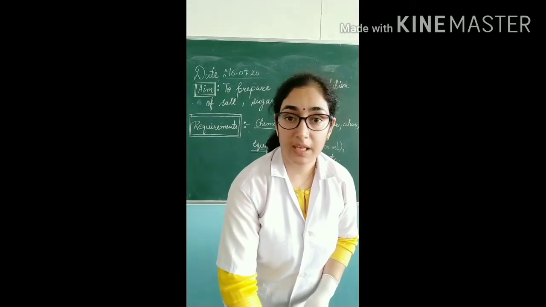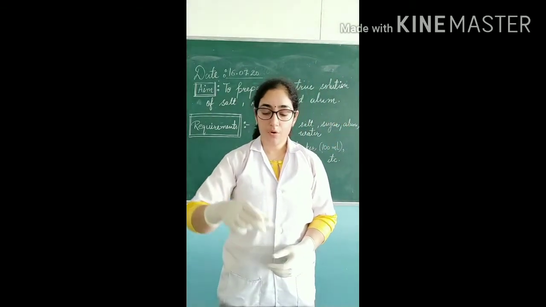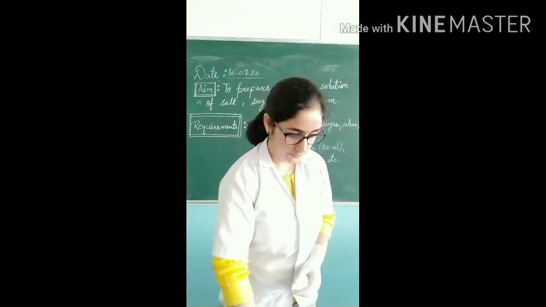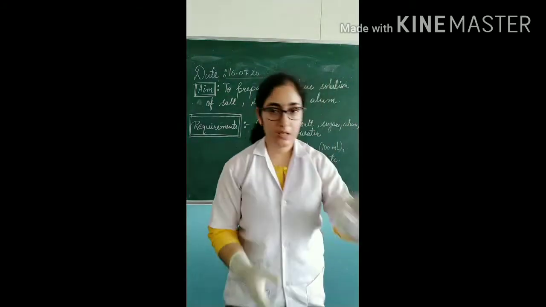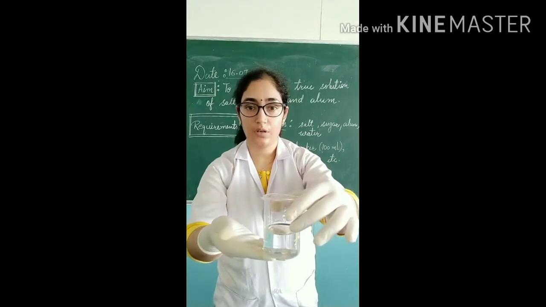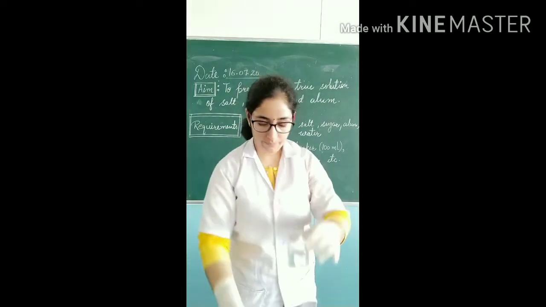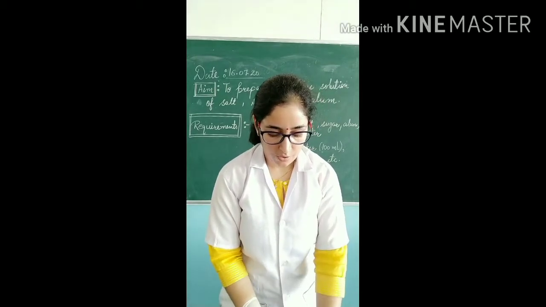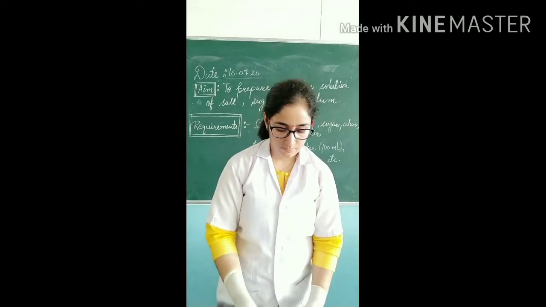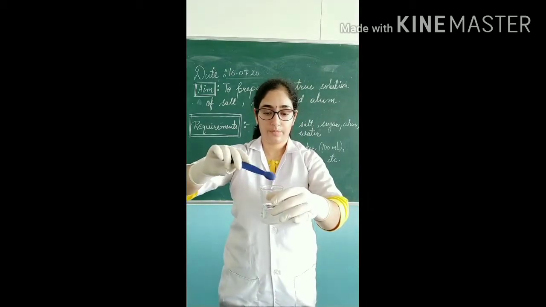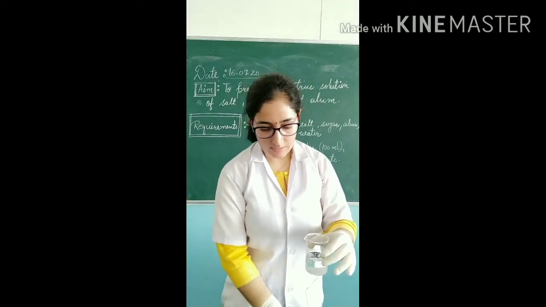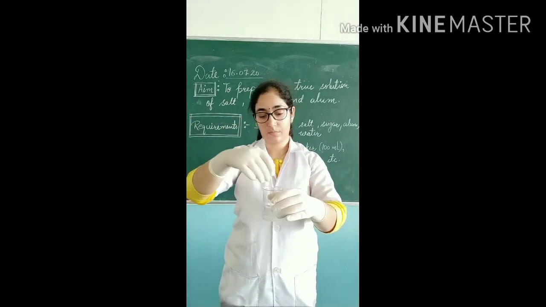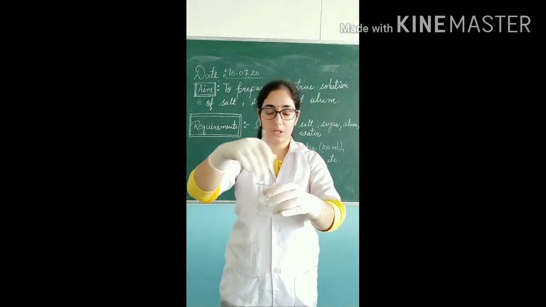Next we are going to make a true solution of sugar. We have taken sugar over here and again we are going to take around 50 ml of water in a 100 ml beaker. We are going to add one spatula full of sugar into the water, and similarly we are going to dissolve it till it is fully dissolved.